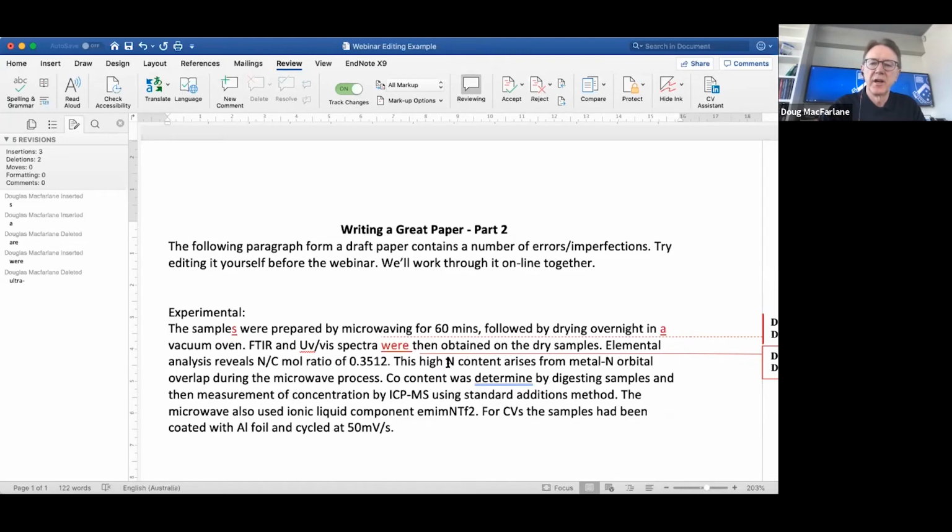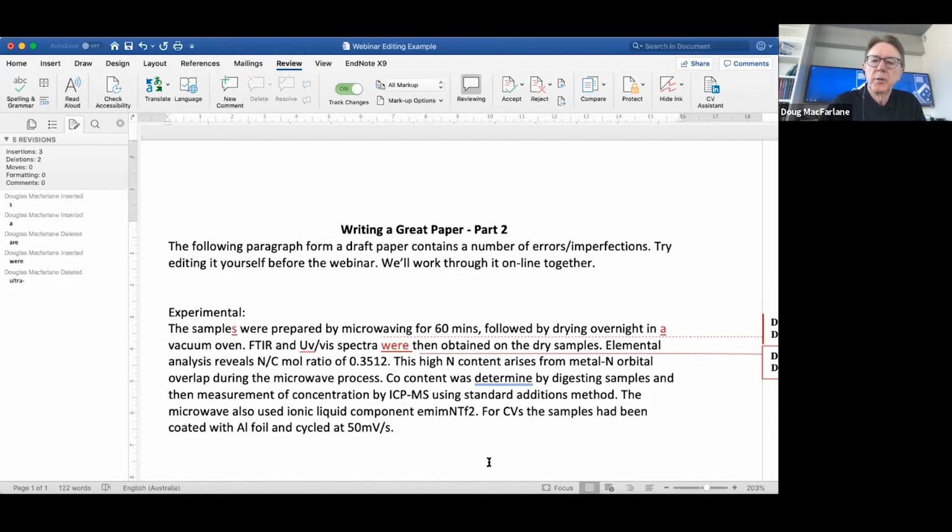But the "ultra high," I think, is rarely necessary, and I think it's better to just be a little moderate as opposed to constantly trying to claim the best ever. "Arises from metal in orbital overlap during the microwave process." That's probably okay.